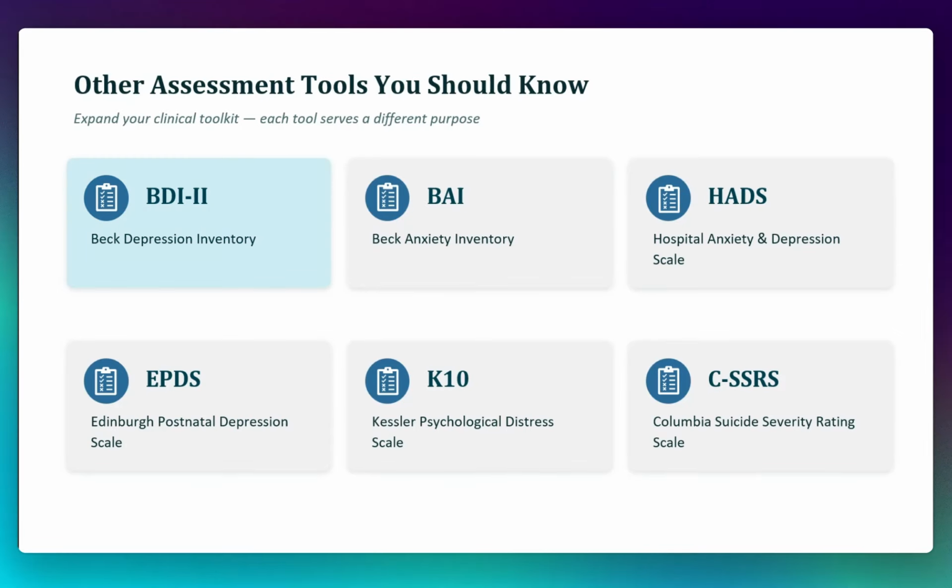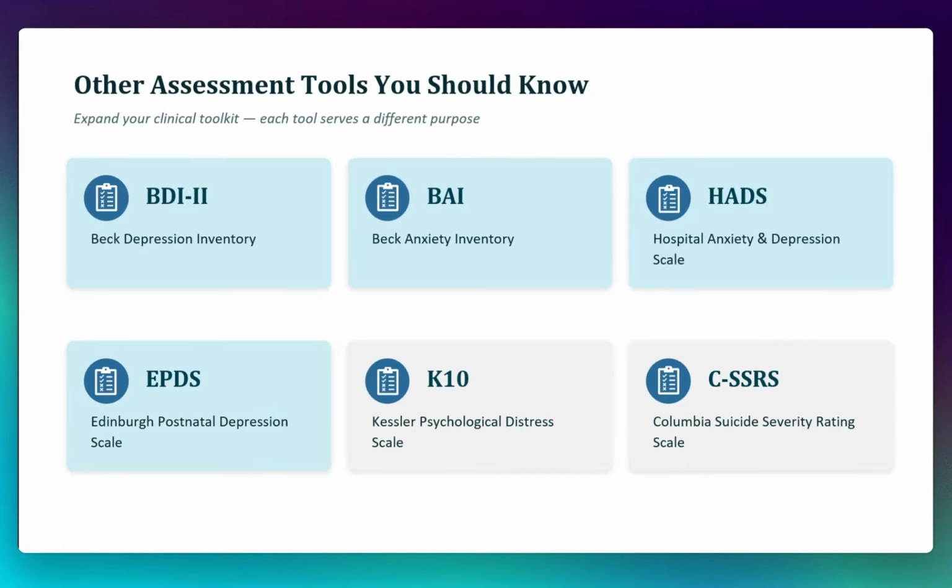This is a self-report questionnaire used to measure the severity of depression symptoms in adolescents and adults. The Beck Anxiety Inventory, a self-report assessment designed to evaluate the severity of common anxiety symptoms. The Hospital Anxiety and Depression Scale. This is a brief screening tool used to identify anxiety and depression symptoms, especially in medical or hospital settings.